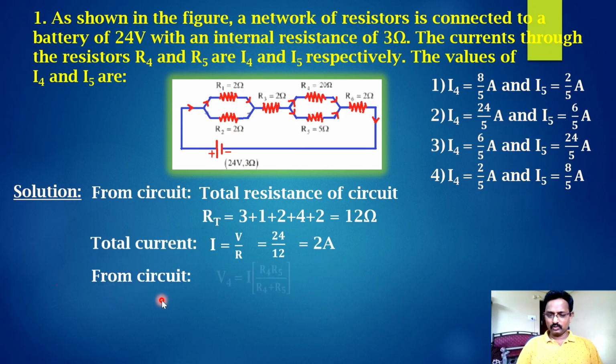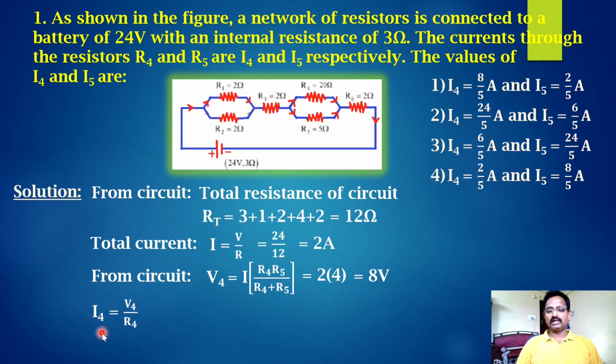Now from the circuit, we will calculate the potential difference across R4 and R5, that is V4 is equal to I into the total resistance of R4 and R5, that is R4 R5 by R4 plus R5, that is equal to I, we got 2 ampere. The equivalent resistance of R4 and R5 is 4, so 2 into 4, 8 volt.